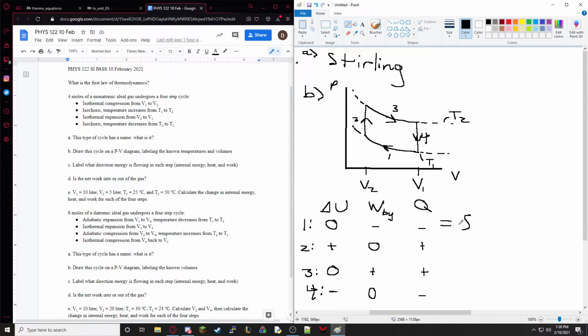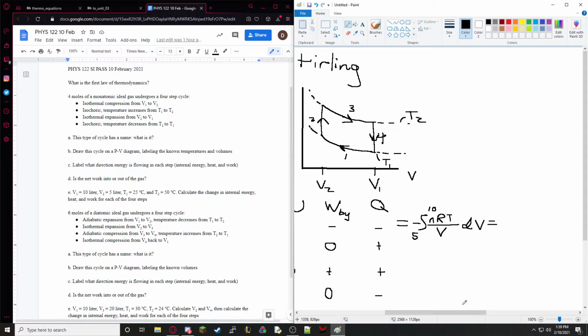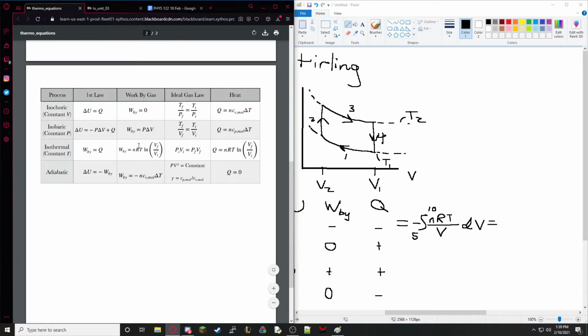Yep. I just put the negative sign out front, and it would be from 10 to 5, which is the same thing as negative 5 to 10. Then we could rewrite the ideal gas law, so it'd be small n RT over V. So we have P dV, and P is equal to nRT over V dV, which ends up coming out to be a natural log, which is on your equation sheet.